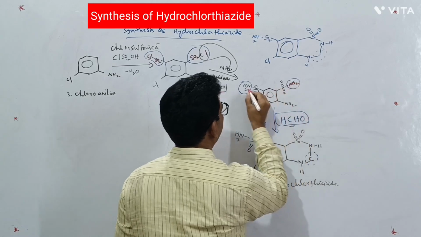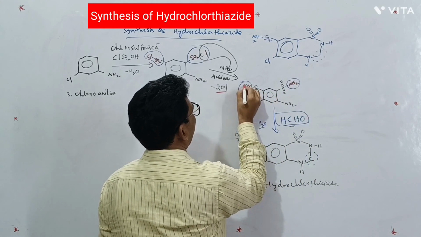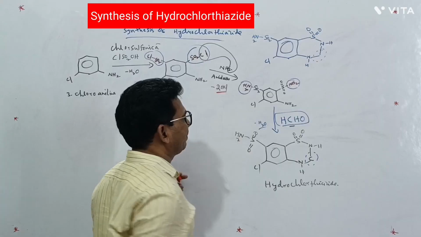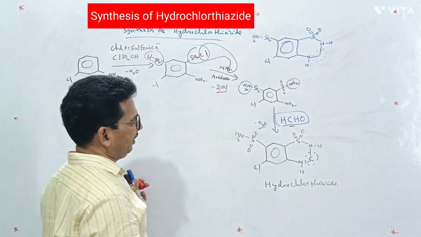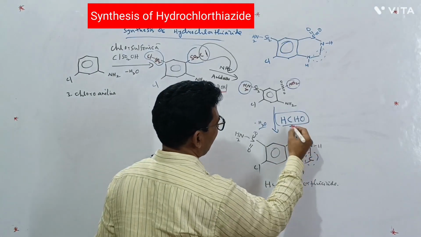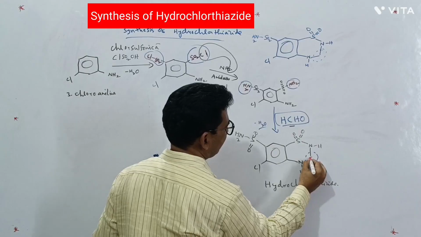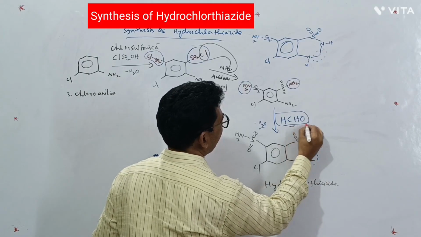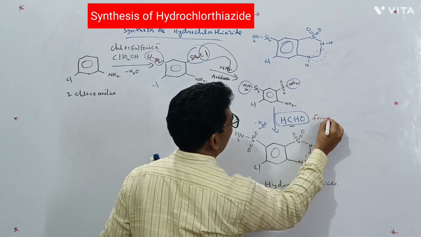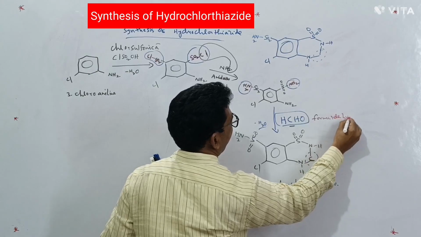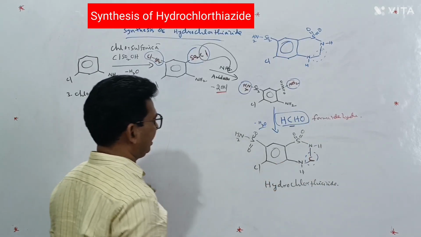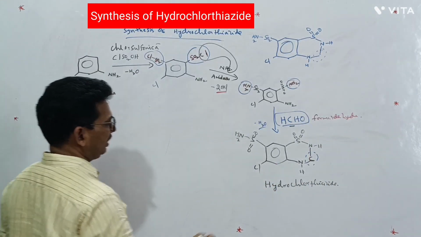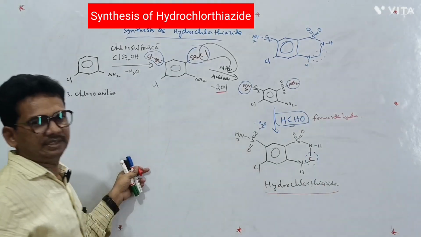Here one amine group and here one amine group introduces. Next step, we require the cyclization. The new carbon from where is it coming? This carbon is coming from the formaldehyde. What is it called? Formaldehyde. Then it easily undergoes the cyclization to produce what? Hydrochlorothiazide.